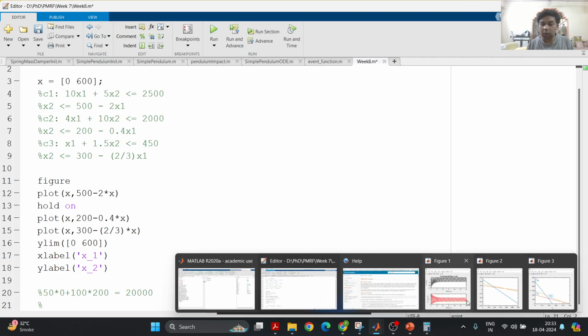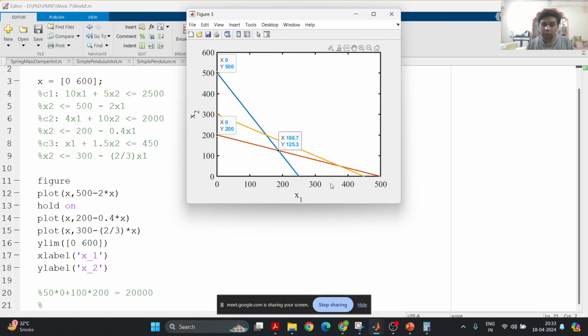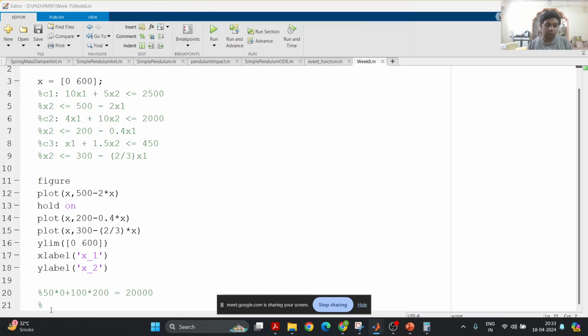Then for the other corner point, which is 250 comma 0, it will be 50 into 250 plus 100 into 0.